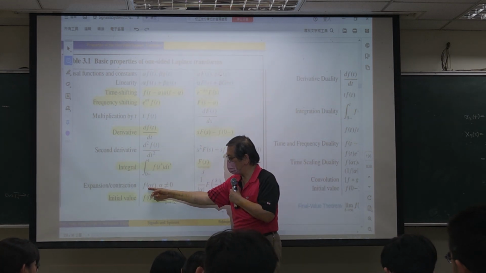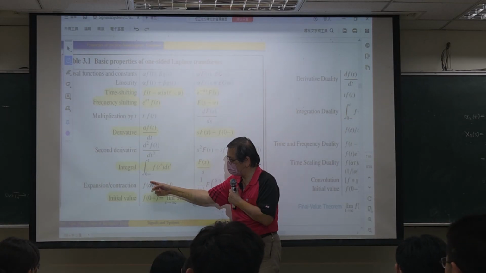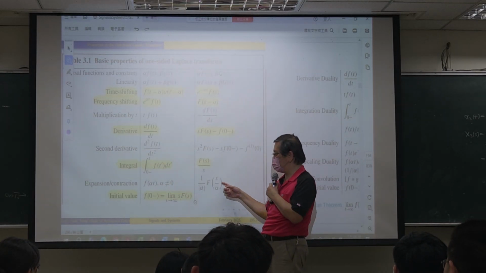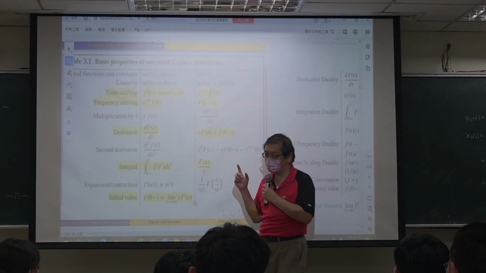So if you multiply the function by alpha in the time domain, then in the frequency domain you multiply by 1 over alpha. What is that supposed to mean?